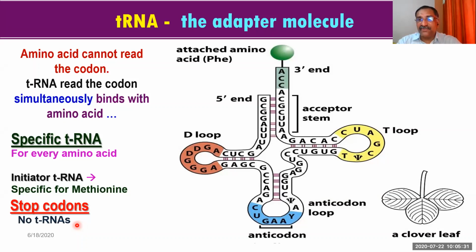Then no more amino acid is brought, and the protein synthesis will stop. So remember, there is a stop codon where no transfer RNAs will be there. There is an initiator transfer RNA that brings methionine for synthesis of protein, and for every amino acid there is a specific transfer RNA.